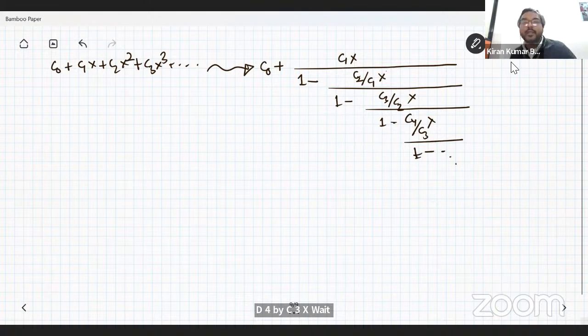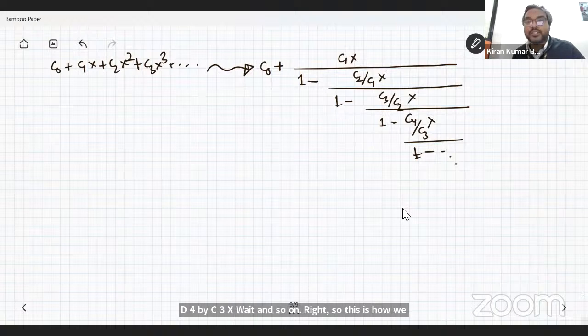So this is how we convert a power series to a continued fraction.